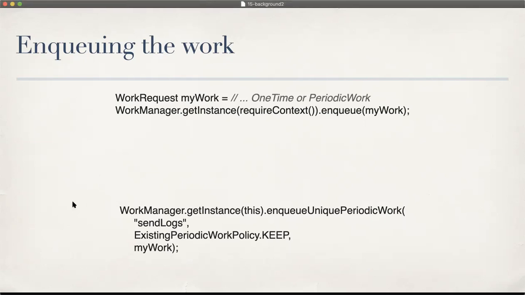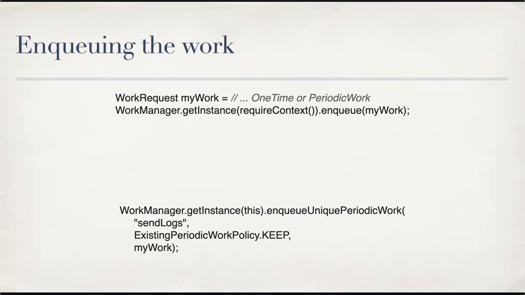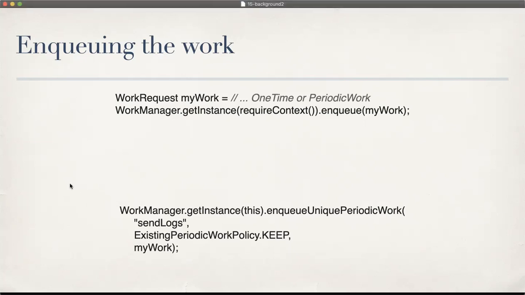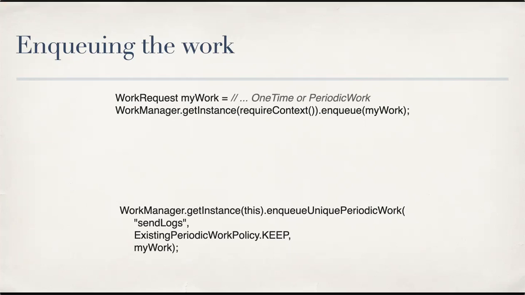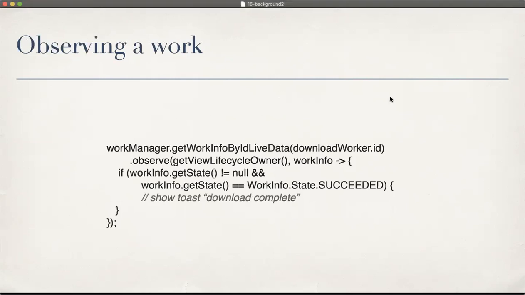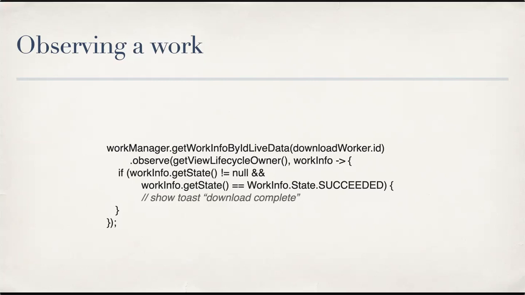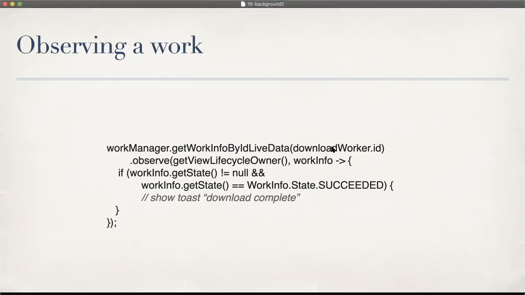You can enqueue something and then you can observe it at different places, just like we saw how to observe the async task progress. There are ways of handling the progress of a work request in your UI or in your hosting code. Okay, so this is how you would do it. We saw get work info by tag. There is also get work info by ID, and then there is a live data variant of both of these: get work info by ID live data, by tag live data, etc. and it takes the appropriate parameter.